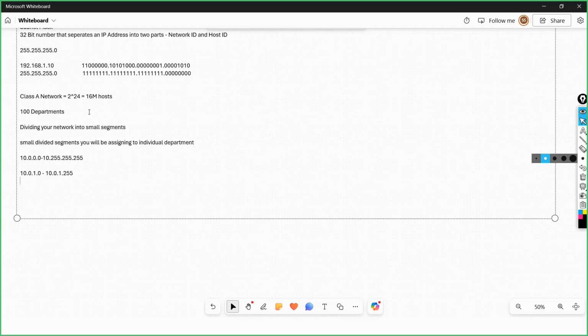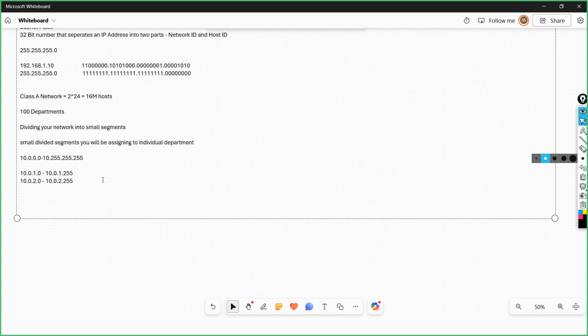Then I will be using 10.0.2.0 up to 10.0.2.255. So in some way we will divide it. Now how we are dividing, that we will learn in subnetting.